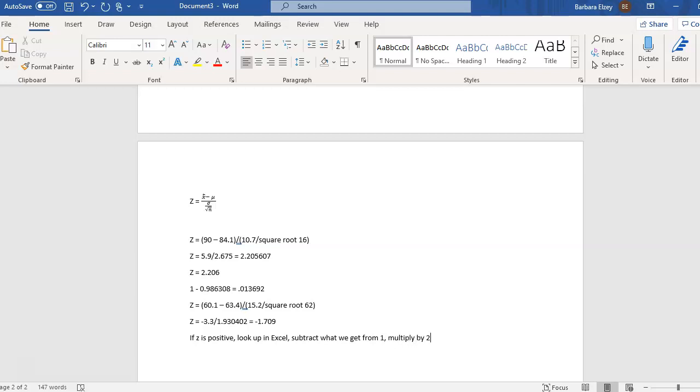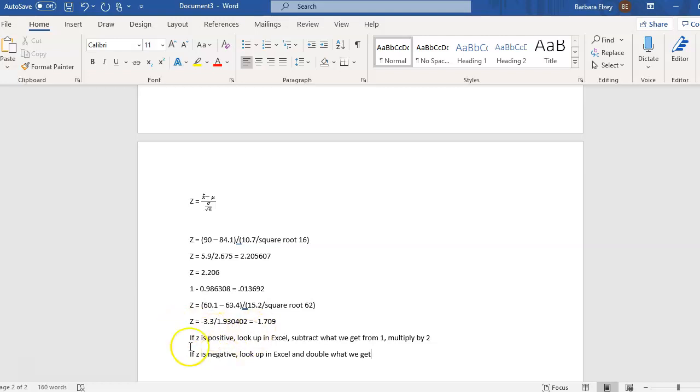That will give us our p-value. Now, in this case though, Z is negative. So if Z is negative, we look up in Excel and double what we get. All right, so in this case, we're going to look up negative 1.709. And whatever we get, we're going to double it.